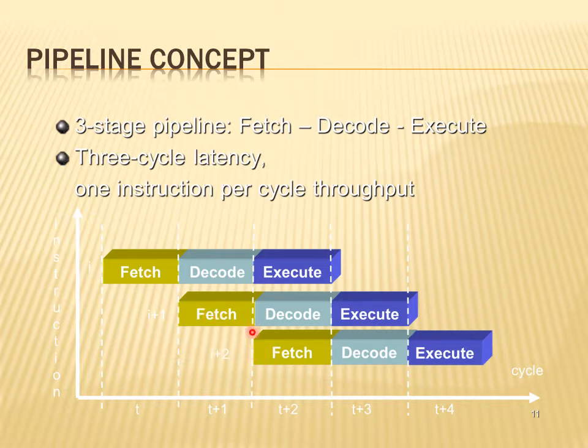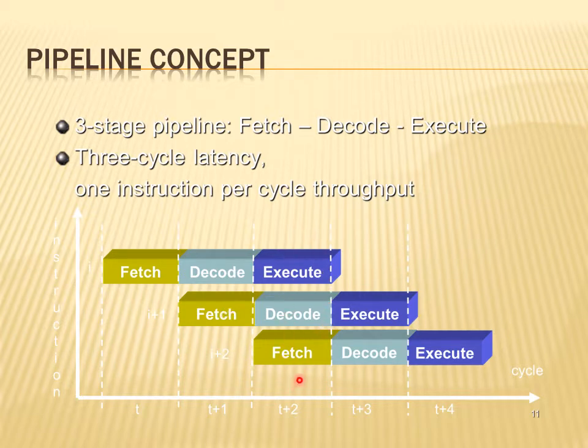One by one these activities are carried out, as shown in the picture. So pipelining saves machine cycles. In one machine cycle, these three operations are carried out.